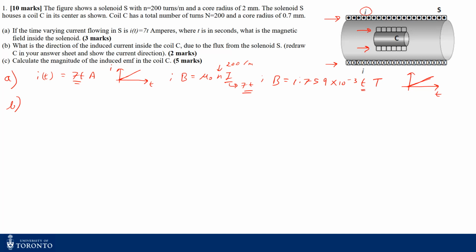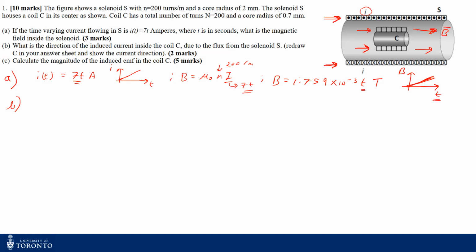Now if we use the right hand grip rule for the current directions of the solenoid, we find that our thumb is pointing in this direction. So the solenoid will generate a magnetic field in this direction, and remember, with time, the magnetic field is also increasing.